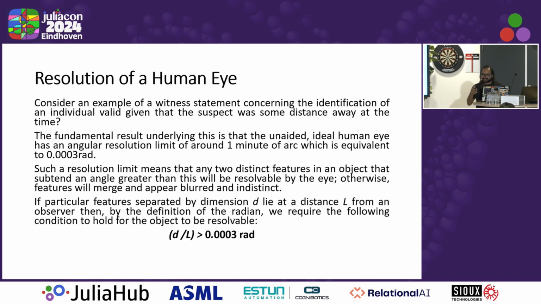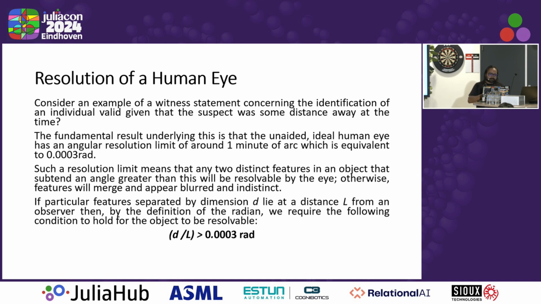The person may lie, but there are techniques we can use to validate whether the witness is lying or telling the truth. That is based on the resolution of the human eye. Of course here we are not considering any additions like specs or lenses, because for that we may have to change the resolution and apply a different formula.